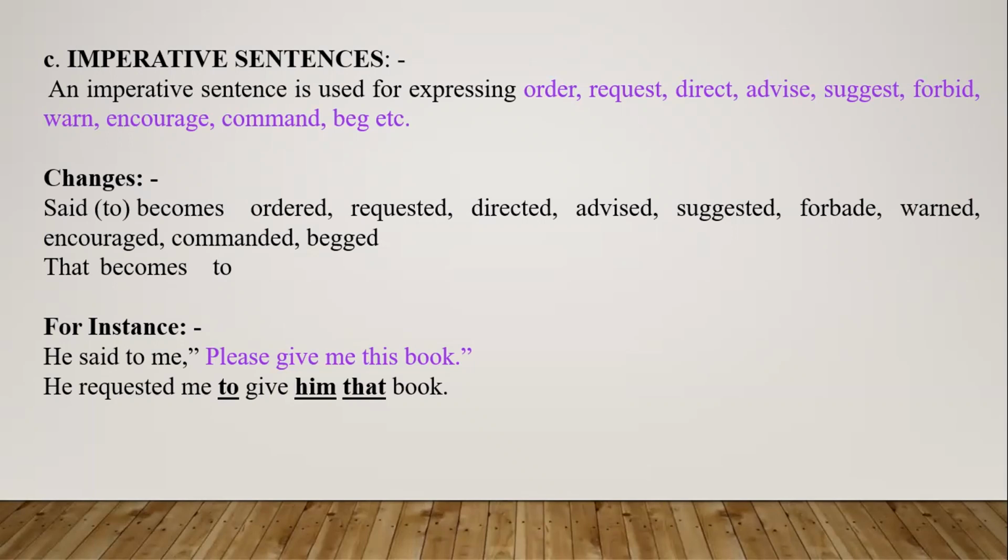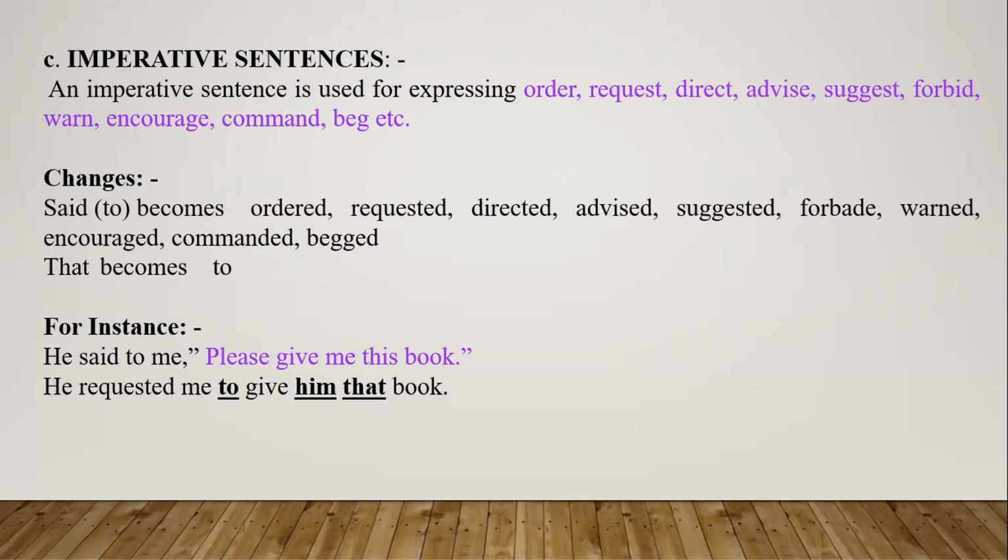Because of their usage, we only make imperative sentences in present simple tense. So we cannot apply the change of tense rule over here, especially in imperative sentences. That's why we will use to, and we will copy paste this sentence first of all, because there is no change of tense in imperative sentences. Why? Because an imperative sentence is always in present simple tense, so we cannot change tense over here.